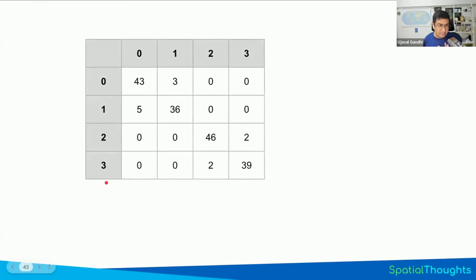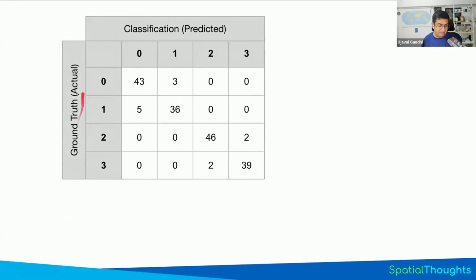When you generate a confusion matrix, this is what it looks like. On the rows are your label data. So let's say you had reserved 50 samples for your validation. Here are the classes that you had assigned. So this says there are 43 samples where you had labeled that as 0. On the columns is the model's prediction. So for those 43 points, the model also said it was 0.